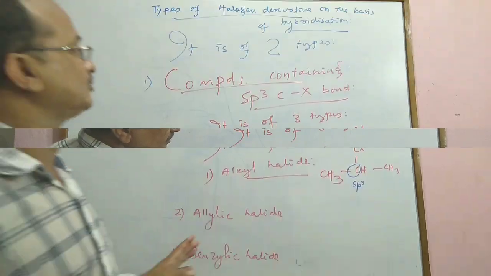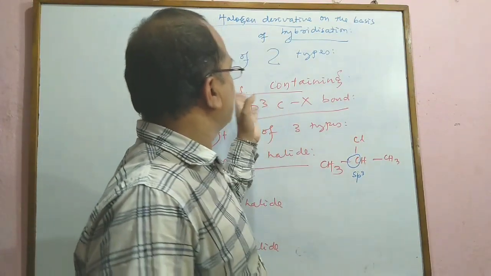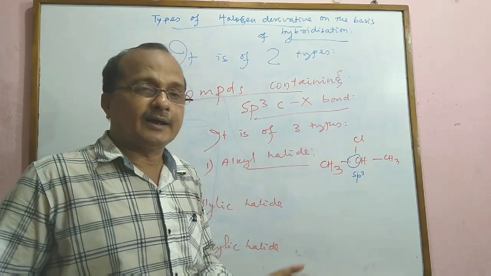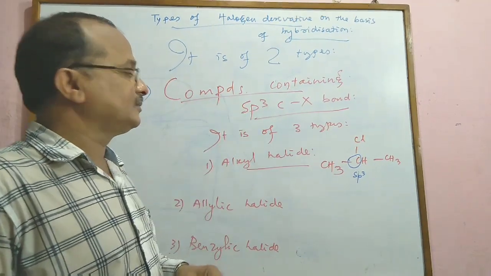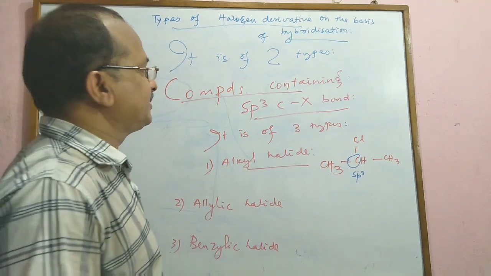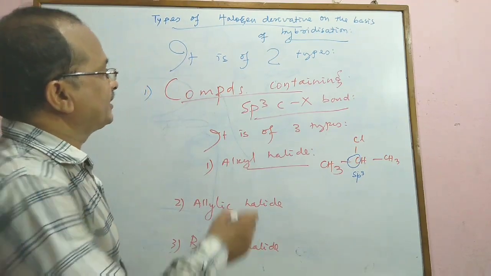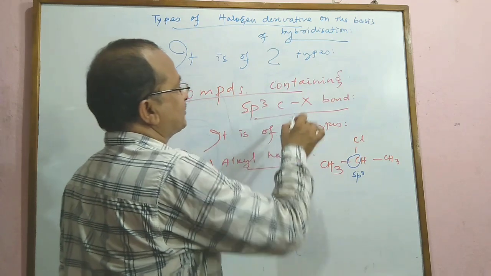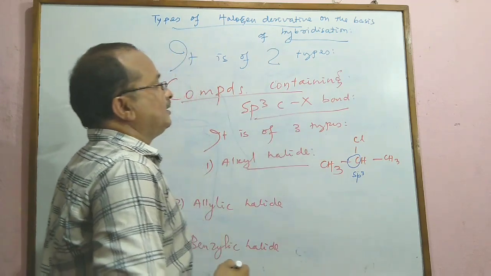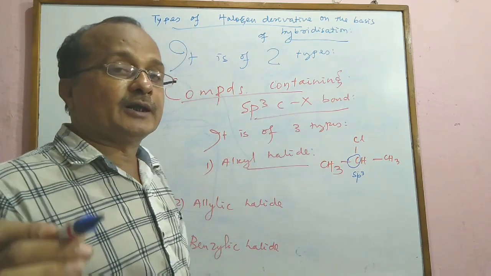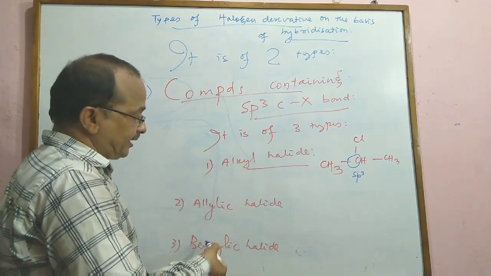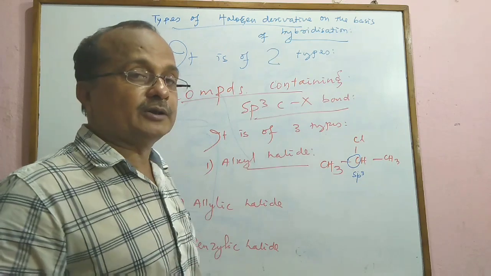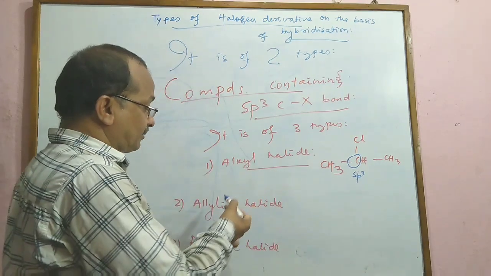Students, I will discuss the types of halogen derivative on the basis of hybridization. Carbon atom undergoes sp3 hybridization, so this type of classification is compounds containing sp3 carbon halogen bond. Halogen atom is attached to the carbon which is sp3 hybridized. So there are 3 classes of compound in which carbon atom is sp3 hybridized.